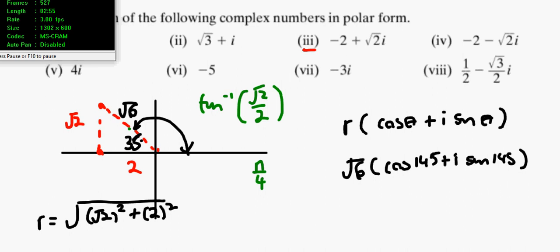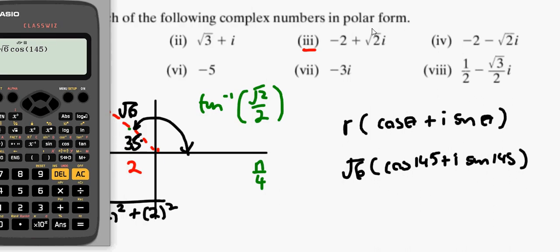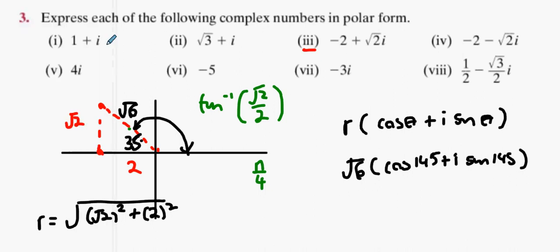Okay, you're correct in this question. Yeah, root 6. Now I'm in radians at the moment, so I need to sort that out. So root 6 cos 145, and what am I expecting it to be? Minus 2. Yeah, 2.00. That's just a rounding off error, isn't it? Yeah, so we got that one right.